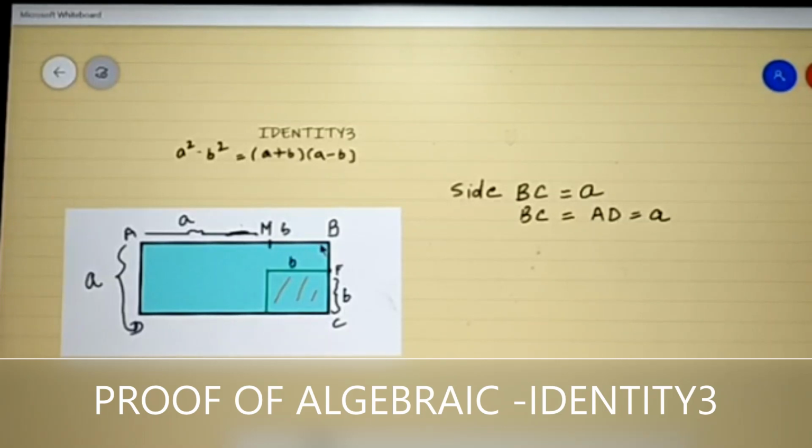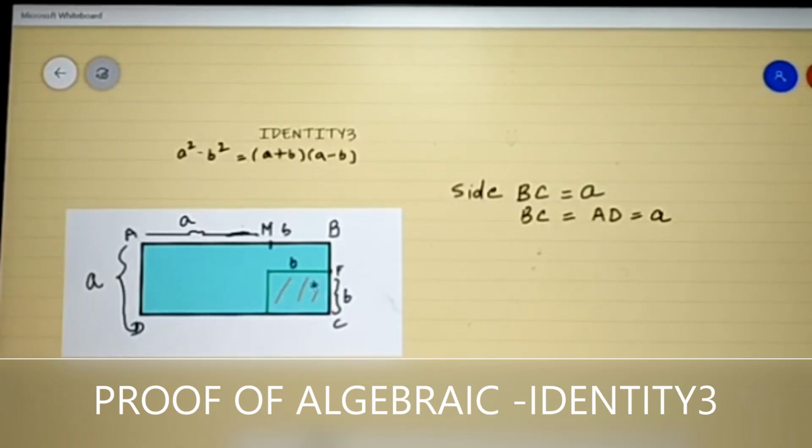Then b is measured using a ruler, and equal to b we have drawn a line at the corner C. Now equal to this b, I have measured a perpendicular line b over here, and parallel to this b is measured here. So we are getting this square whose all the sides are equal to b.